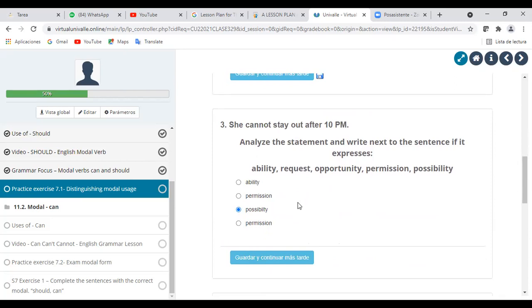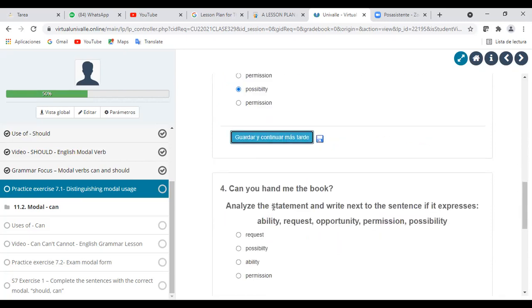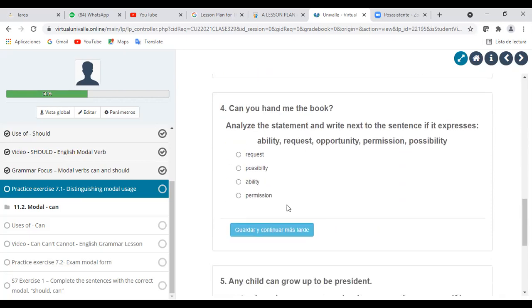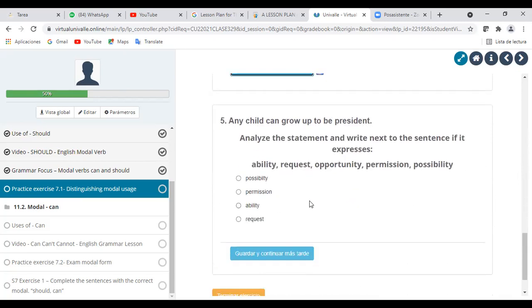Okay. "Can you hand me the book?" That is a request. Also, number 5, "Any child can grow up to be president." That is a possibility.